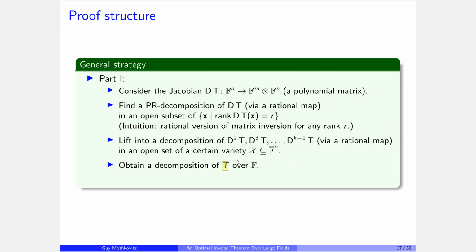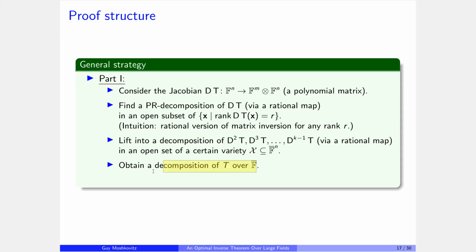Again, why? Because t is just a polynomial map. So the degrees increase every time you apply the total derivative. And so eventually we get not just a partition rank decomposition for a derivative of t, but also for t itself, with the annoying caveat that all of this happens in some variety.